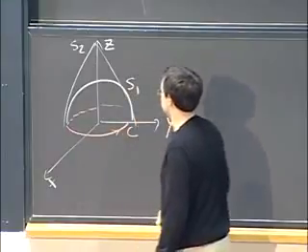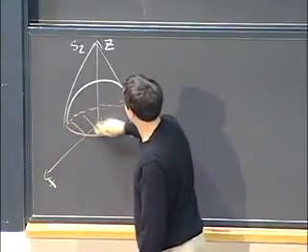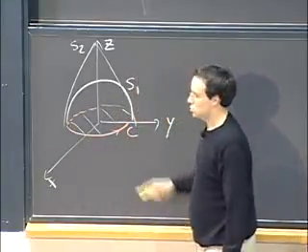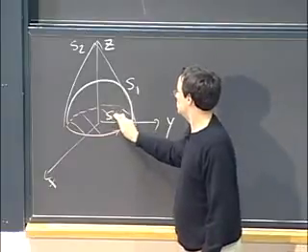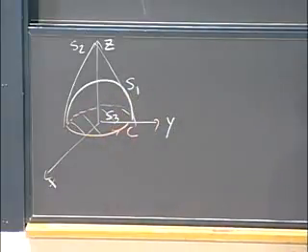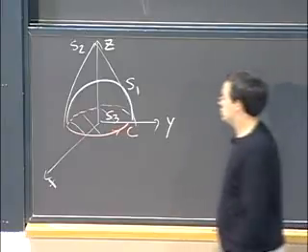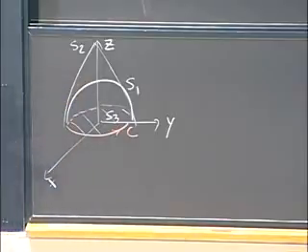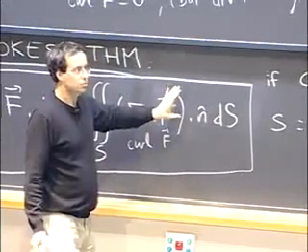Or the most logical one would be to choose a disk in the xy plane. That would probably be the easiest one to set up for calculating flux. But anyway, what Stokes' theorem tells me is I can choose any of these surfaces, whichever one I want, and I can compute the flux of curl F through this surface.